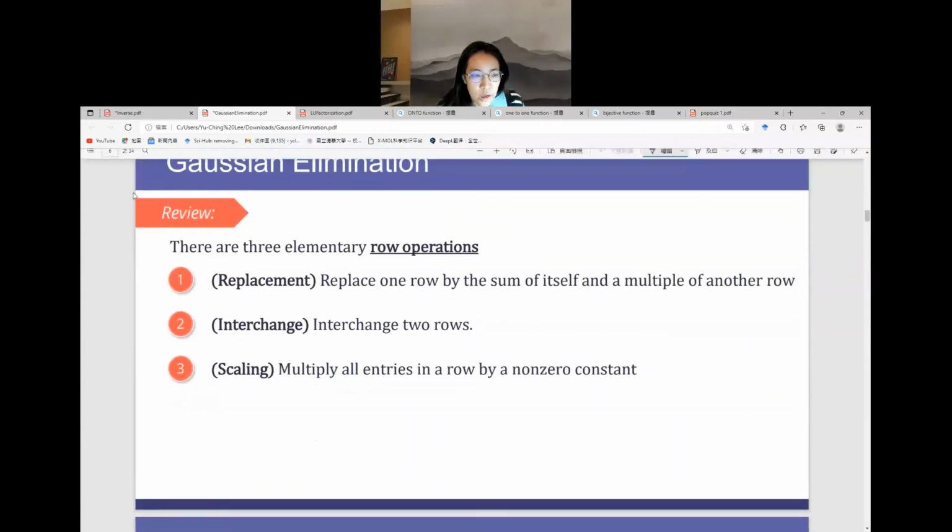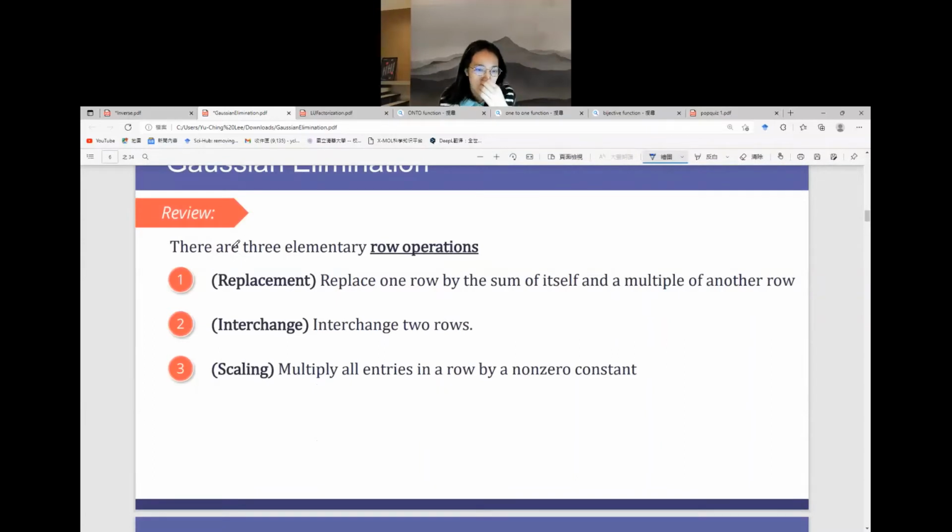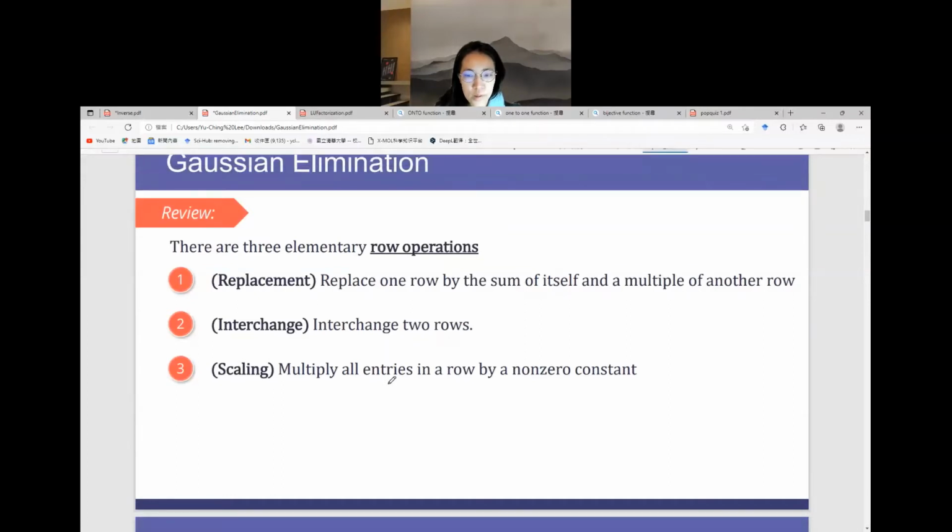So, review: we have three elementary row operations: replacement, interchange, and scaling. For replacement, we replace one row by the sum of itself and a multiple of another row. For interchange, we exchange two rows. Scaling is multiplying all entries in a row by some non-zero constant.